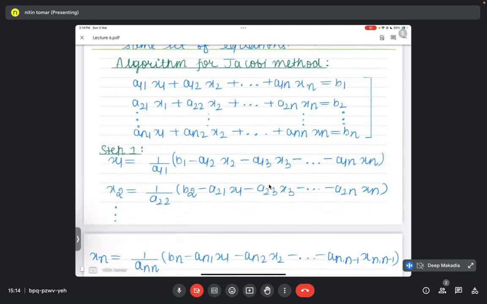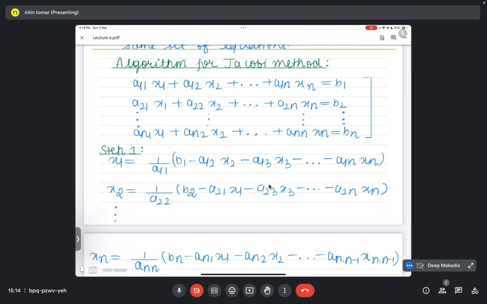Now let us move forward and finally see the algorithm. Given a system of n linear equations, a11 x1 plus a12 x2 and so on, up to n linear equations in n variables.